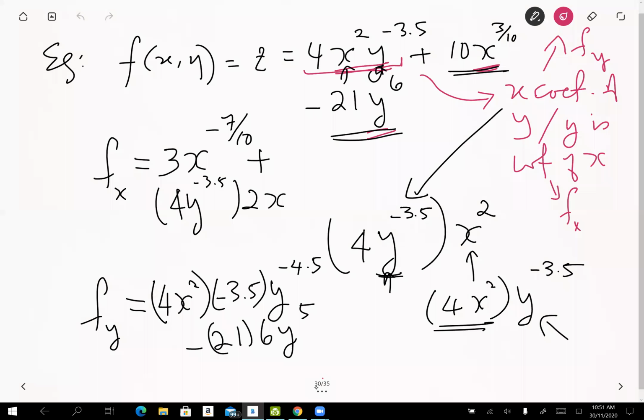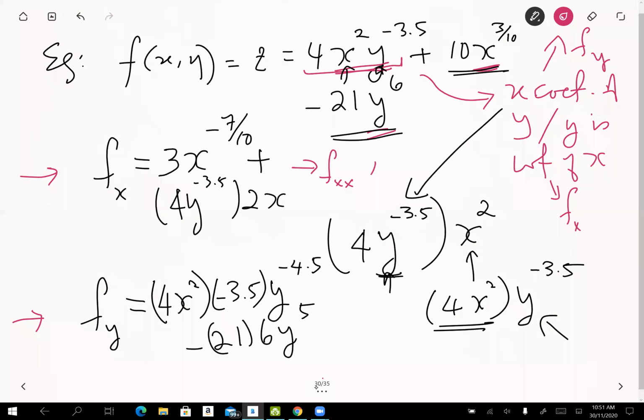So here, you have fx already, okay? And then I have fy there. So now, what you do is the derivative again. For fx, we need to find the derivative of fx with respect to x, that is fxx.